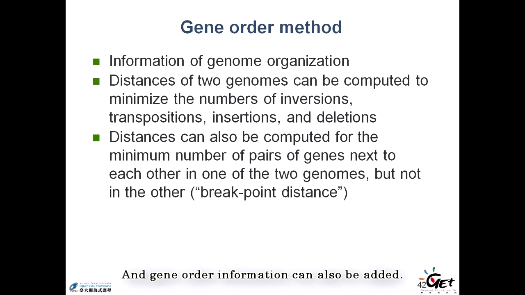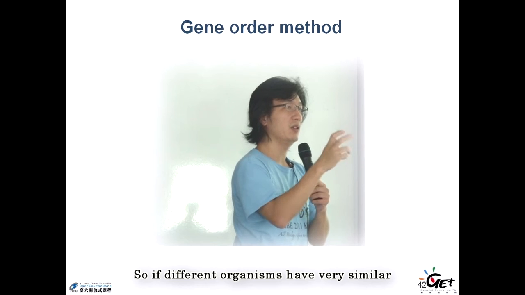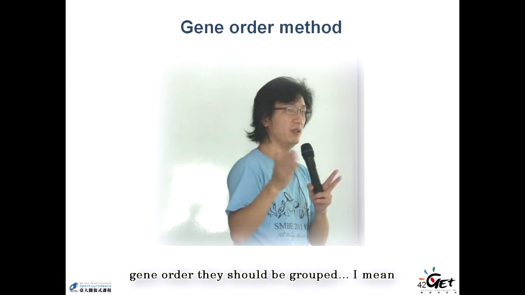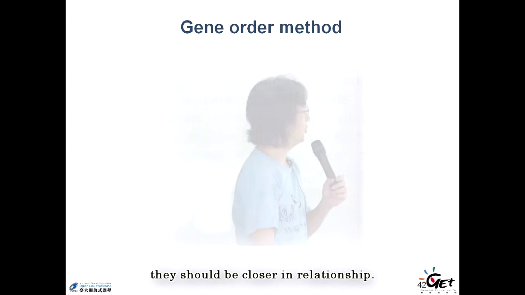And gene order information can also be added, because genome organization is very important information. So if different organisms have very similar gene order, they should be closer in relationship.